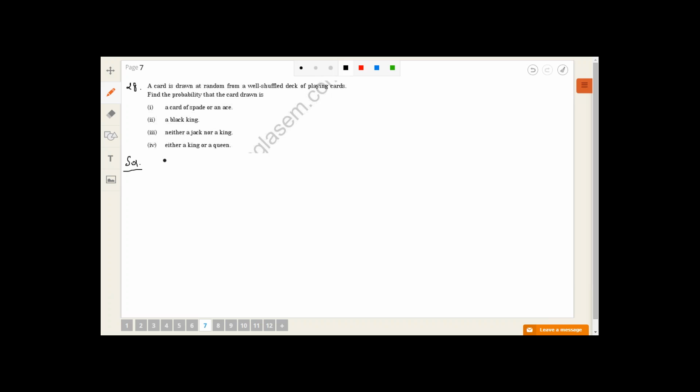Now, in the deck of cards, a deck has 52 cards with 4 groups being spade, clubs, hearts and diamonds, 13 cards each.